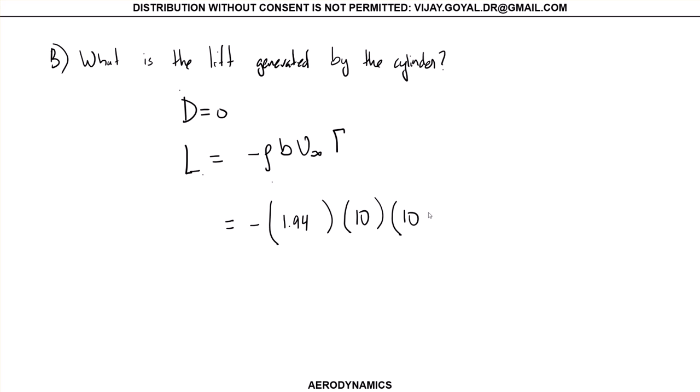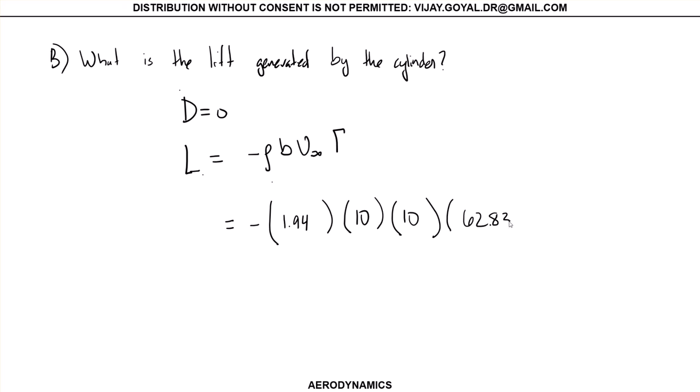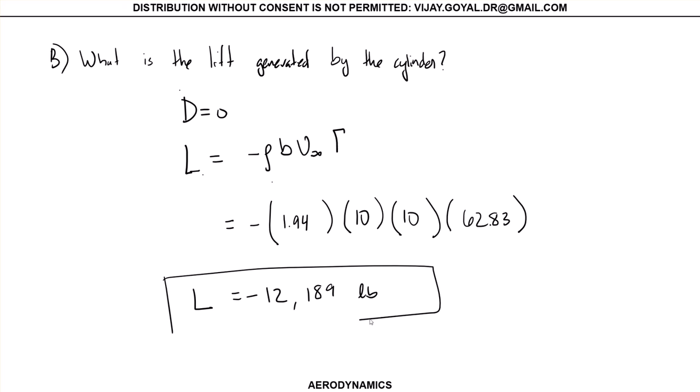This is 10 feet per second, and I just calculated this, 62.83. So when you multiply this whole thing, this gives you 189 pounds. So this is the total lift generated in my problem. When I have a circulation of 62.83, this is the amount of lift that's going to be produced. Okay, so that's basically it for the first example.